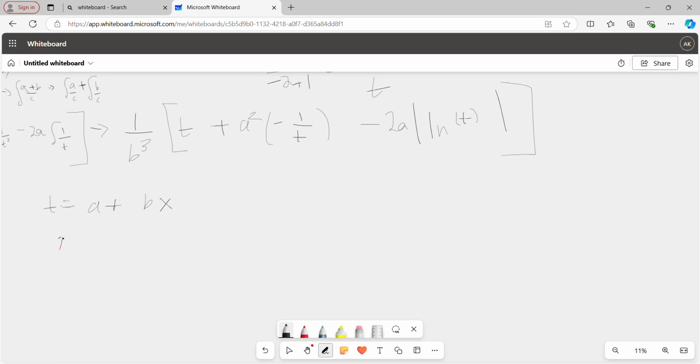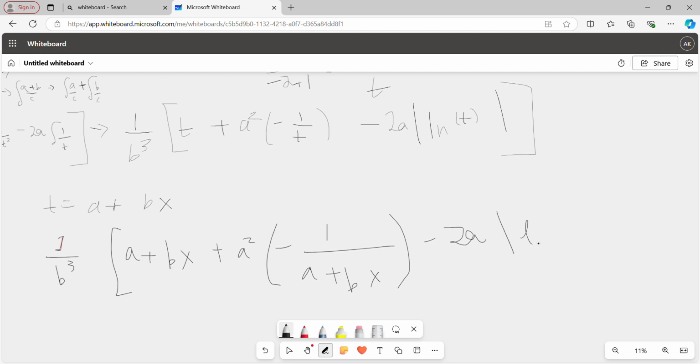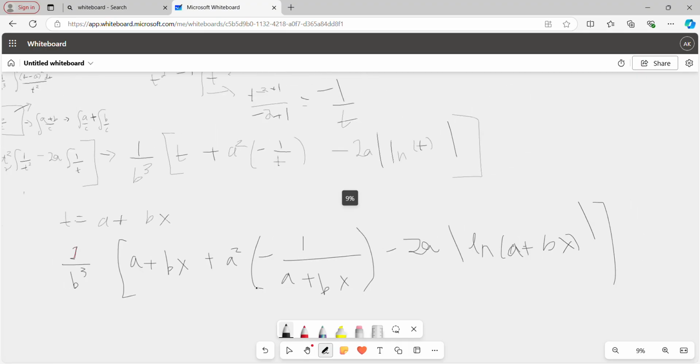So our final expression is 1 over b cube times (a plus bx plus a squared into minus 1 by a plus bx minus 2a ln modulus of a plus bx). That's our final answer. Hope you like this question.